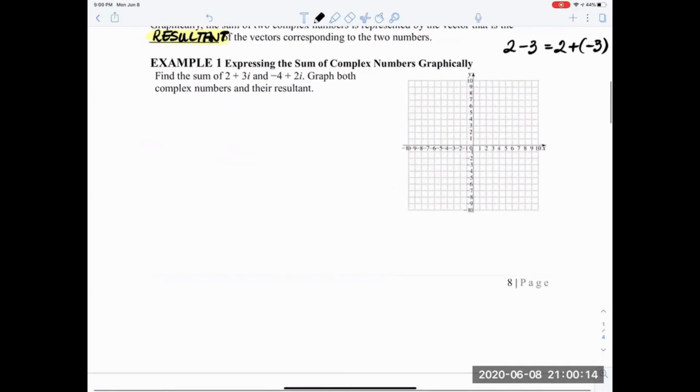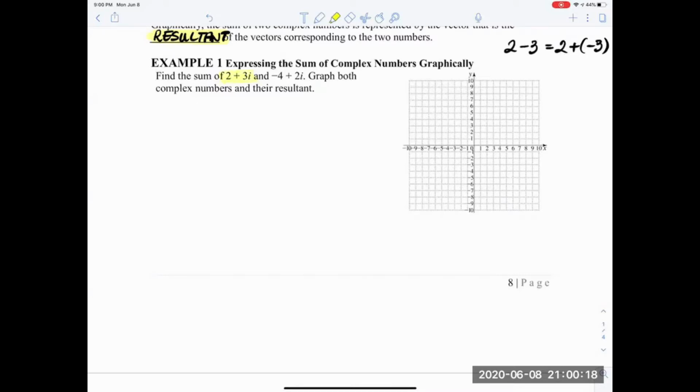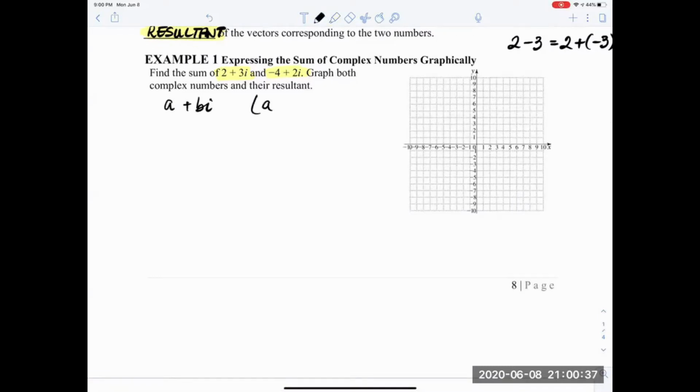In the first example, you have two vectors, 2 plus 3i and negative 4 plus 2i, and you are asked to graph both of these and then find a resultant. So they want you to do this graphically. That means we're going to focus on each one, which is a plus bi. For the first one, a and b are 2 and 3.